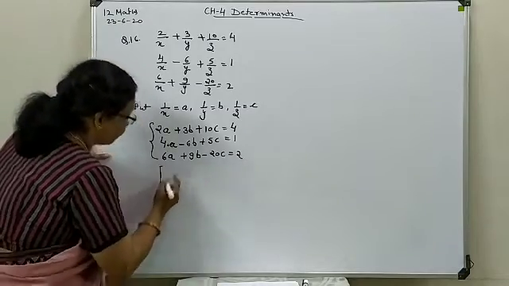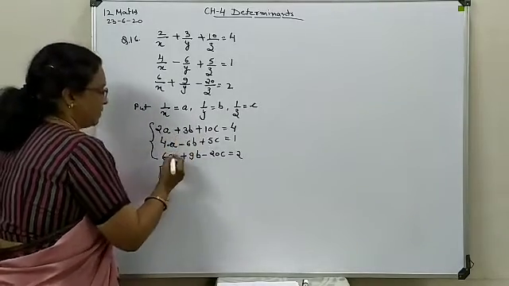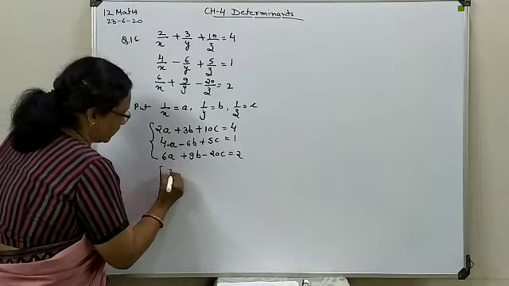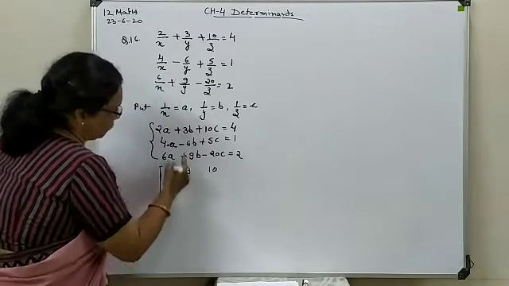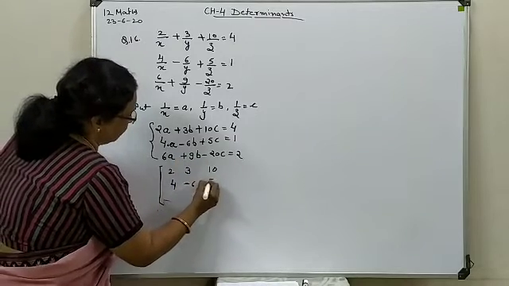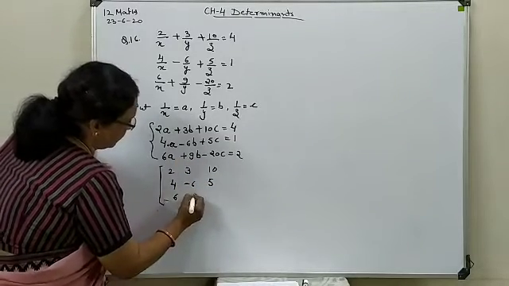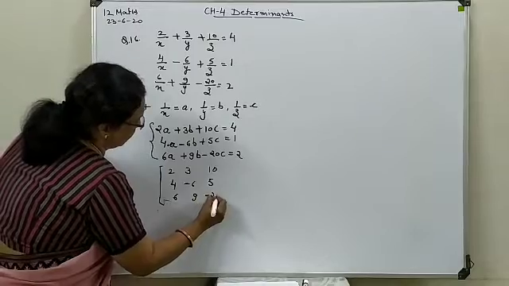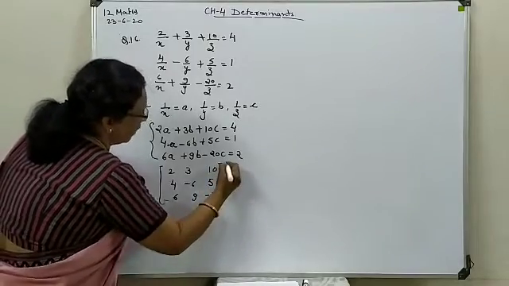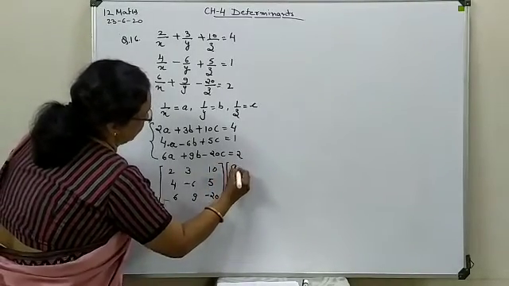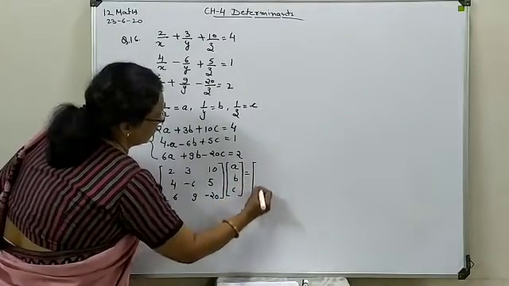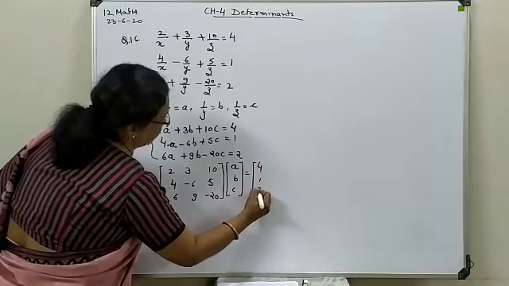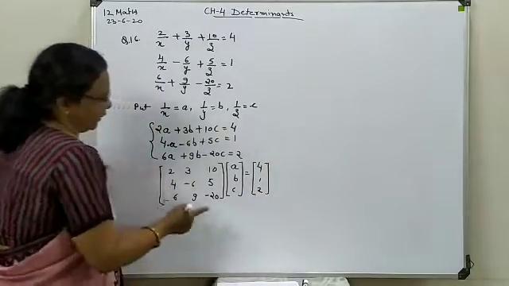First of all, the coefficients of a, b and c will give you matrix A, that is 2, 3, 10; 4, minus 6, 5; 6, 9 and minus 20. The variables are written as matrix X, and the constants as matrix B, that is 4, 1 and 2.